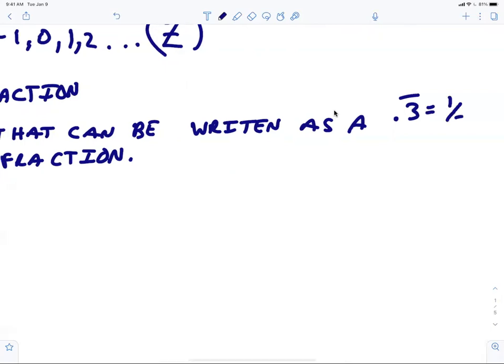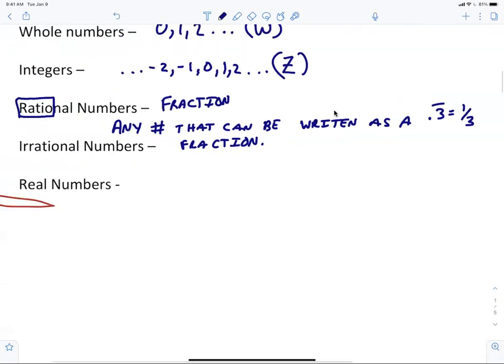It does go on forever, but it repeats. So an irrational number, I want everybody to write down, is any number that cannot be written as a fraction. Rational is any number that can be written as a fraction. Irrational is any number that cannot be written as a fraction. And then, of course, I'm going to give you examples.